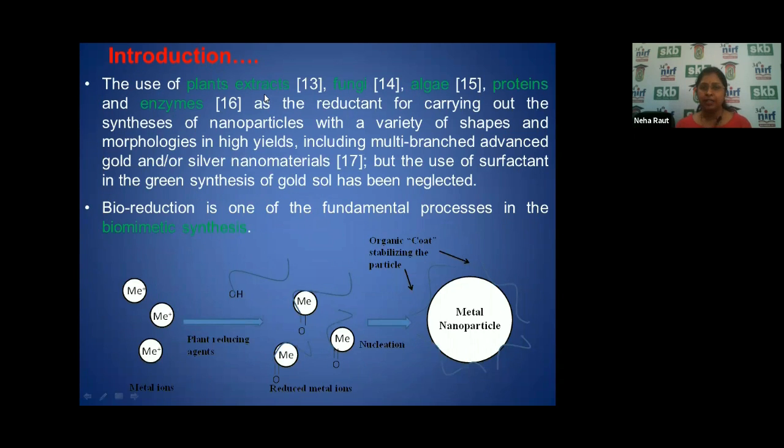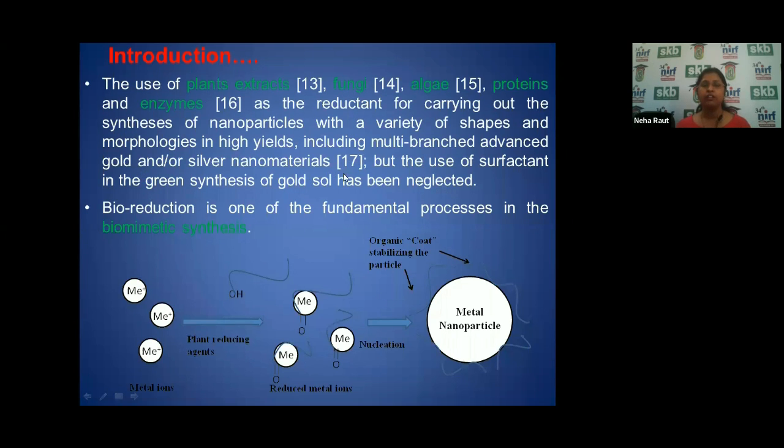Now the use of plant extract, fungi, algae, proteins, enzymes as a reductant for carrying out the synthesis of nanoparticles with a variety of shapes and morphologies in a high yield, including multi-branch, gold or silver nanoparticles.